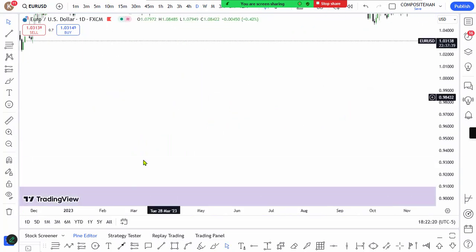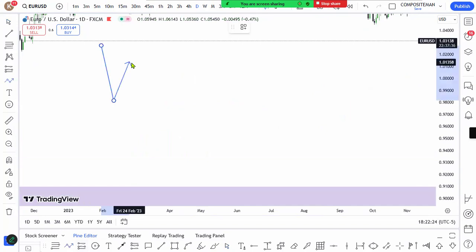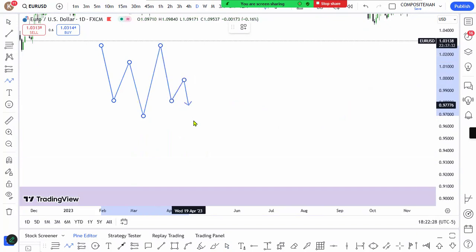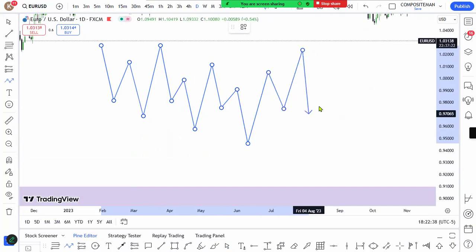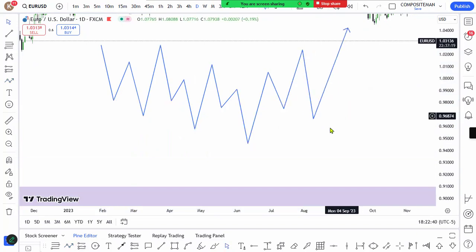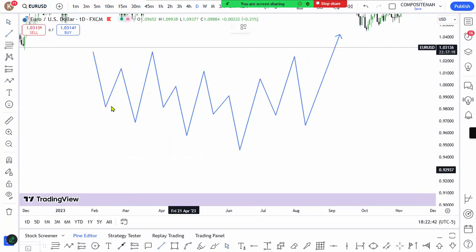How do you get the change of character? Let's say the market was bearish, let's say a pullback takes out the liquidity and breaks the structure, right? It can take out liquidity and it will do something like this. This is how you identify what we call the change of character.